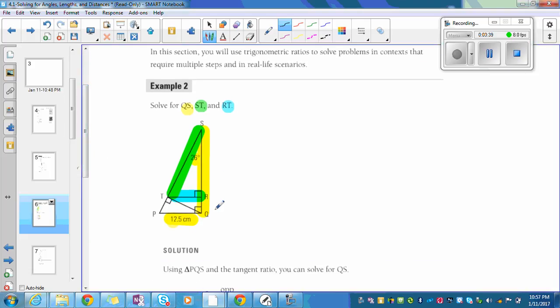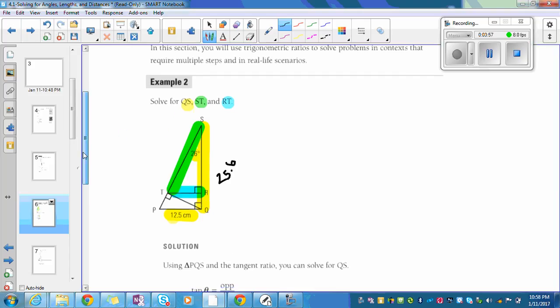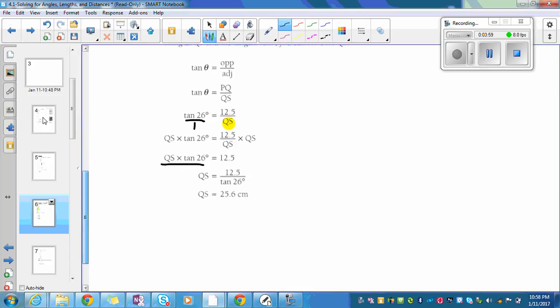A lot of times when I figure things out, I come back and write it into the picture. Sometimes it makes it easier to see the next step. So we've got length QS.